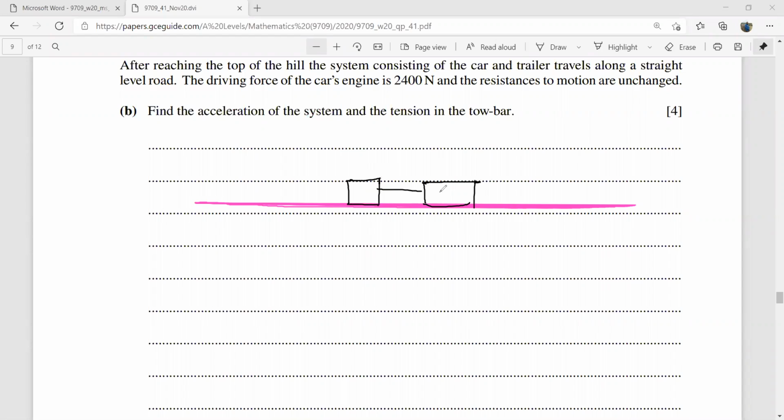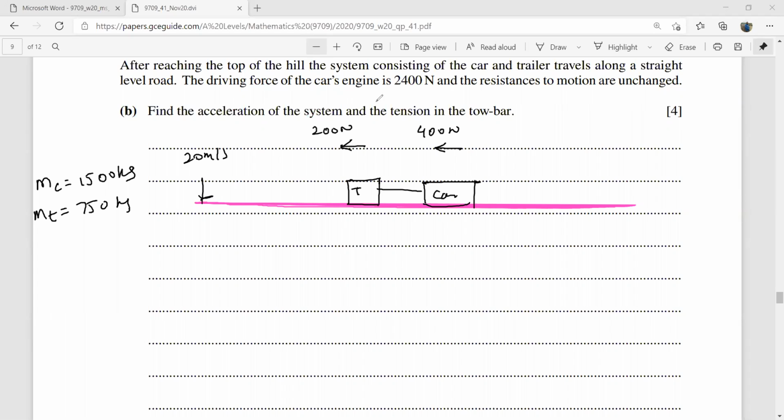This is the car. This one is a trailer. And it was facing a resisting force of 400 Newton. This was 200 Newton. What was the mass of the car? 1500 kg. And the mass of the trailer was 750 kg, and here the speed was 20 meter per second.